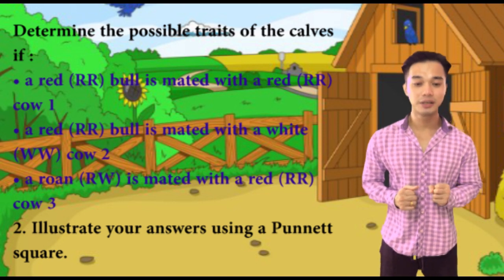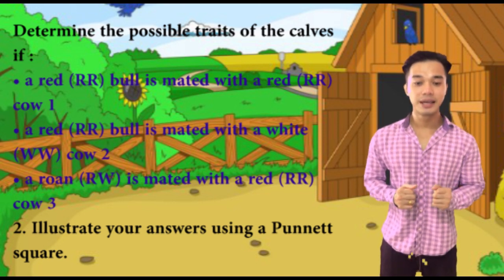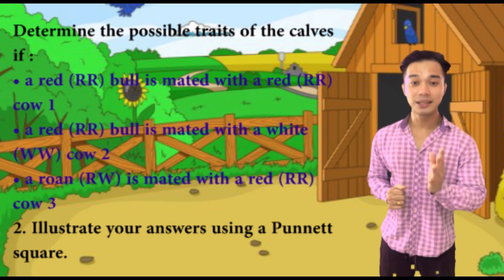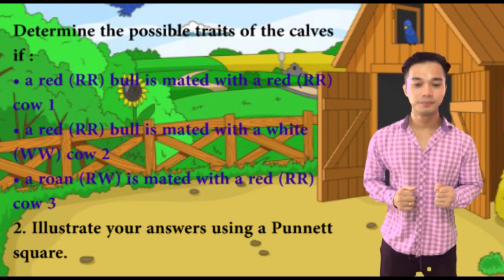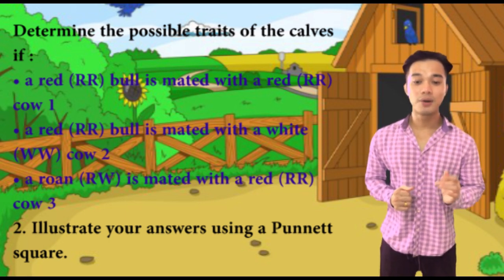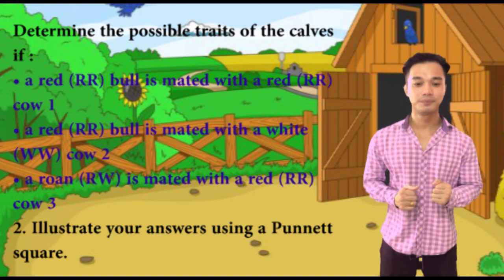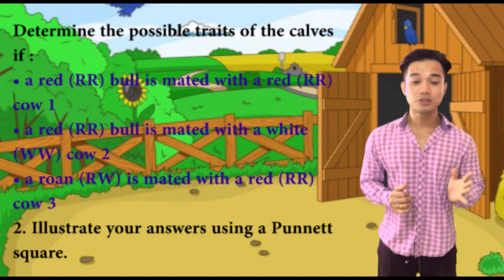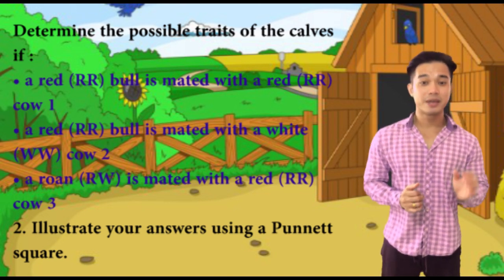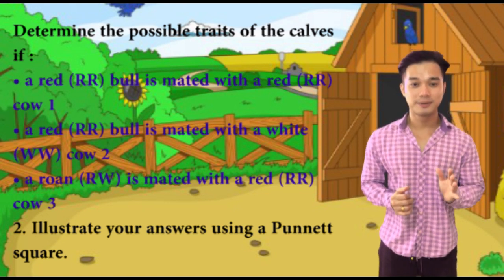Second situation, a red bull is mated with a white cow. Third situation, a roan is mated with a red cow. Now, given these 3 situations, let us illustrate our answers by using the Punnett square.